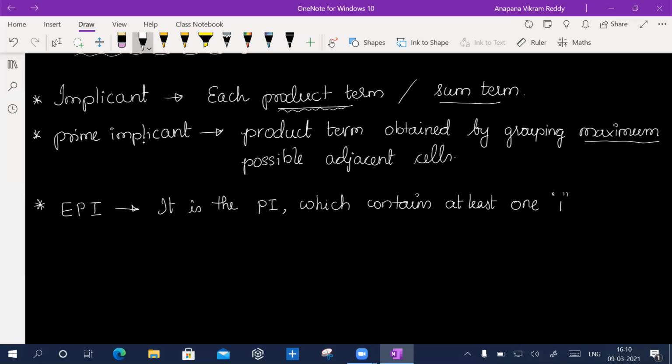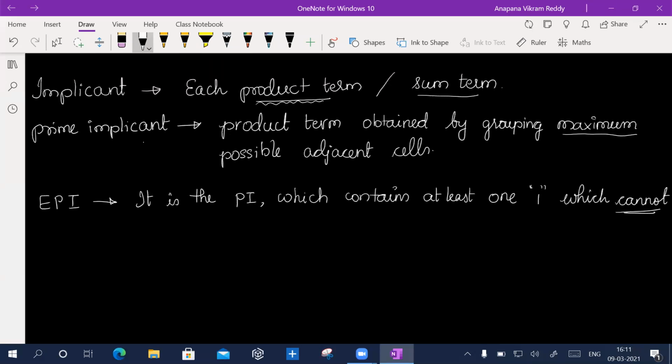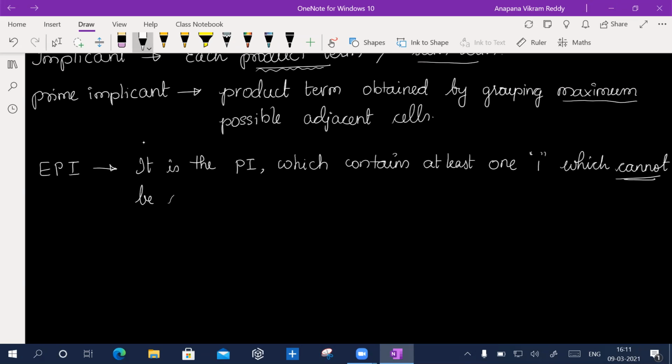If you consider sum terms, you can take 0. One which cannot be covered by any other prime implicant. The theoretical stuff may put you off at some level, but when we solve problems, you will feel comfortable, don't worry, it's no big deal.